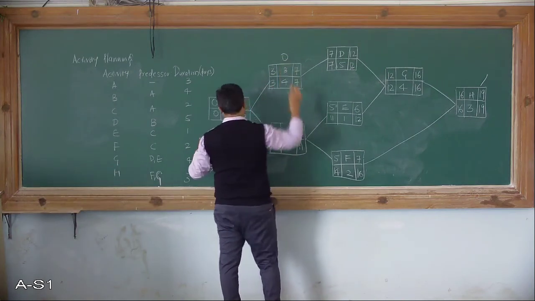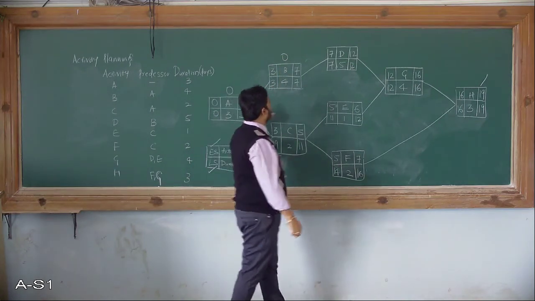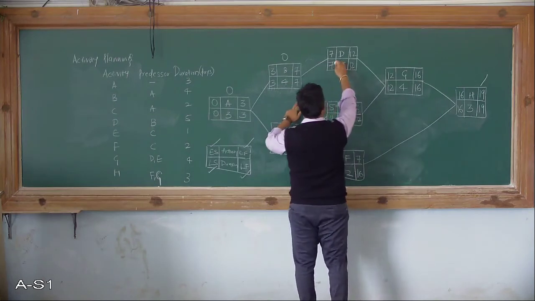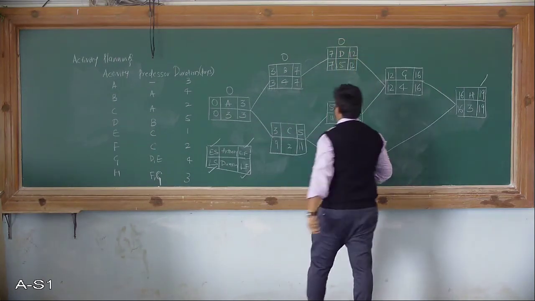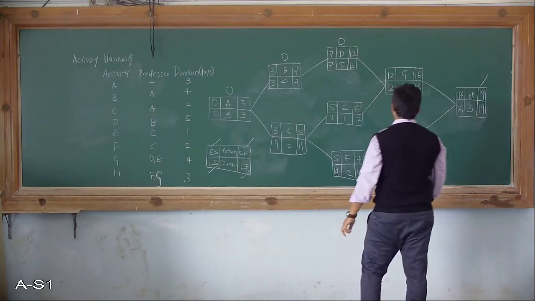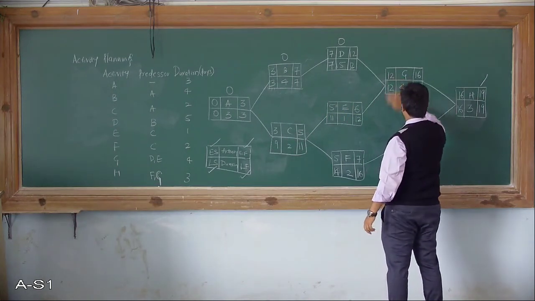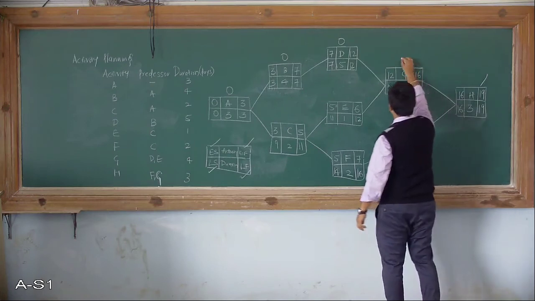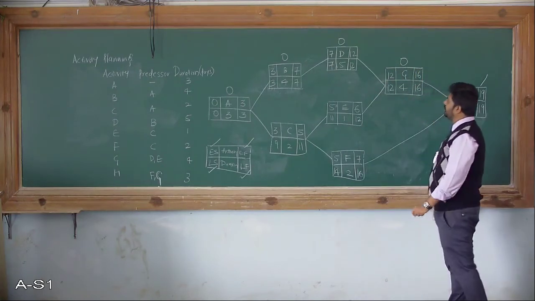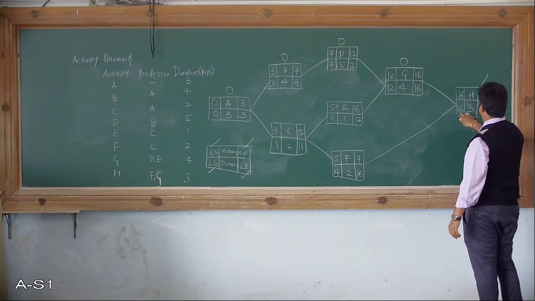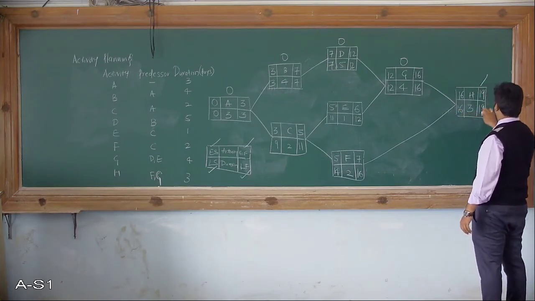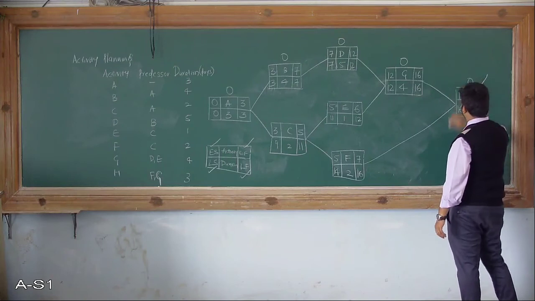The total float will be 0. For activity D, 7 minus 7 is 0, 12 minus 12 is 0. This is also a total float of 0. 12 minus 12 is 0, 16 minus 16 is also 0. Same, the total float for that activity will be 0. For the last one, 16 minus 16 is 0, 19 minus 19 is also 0.